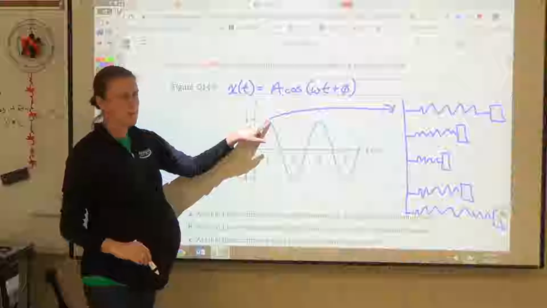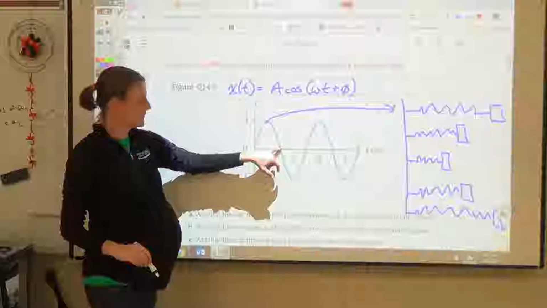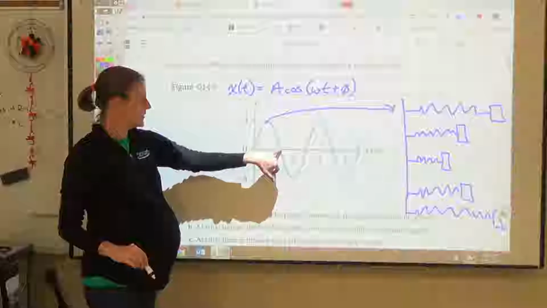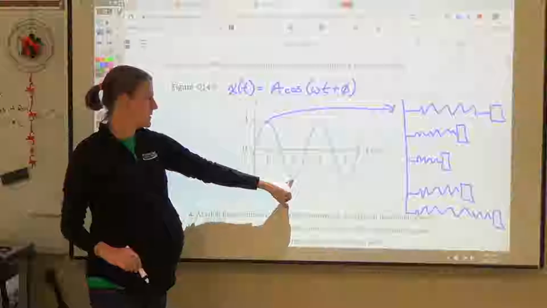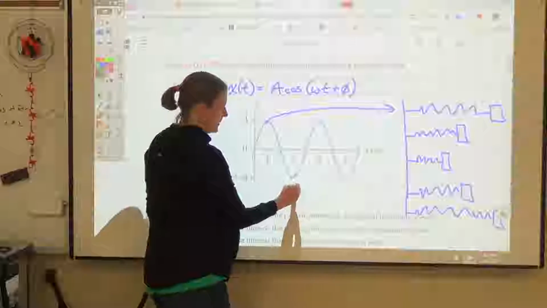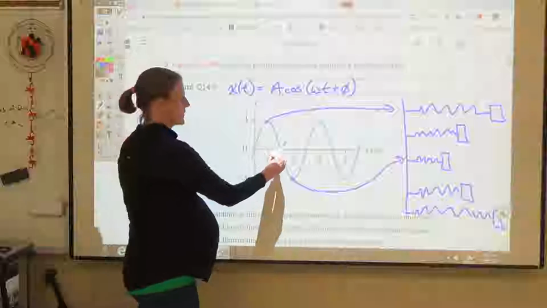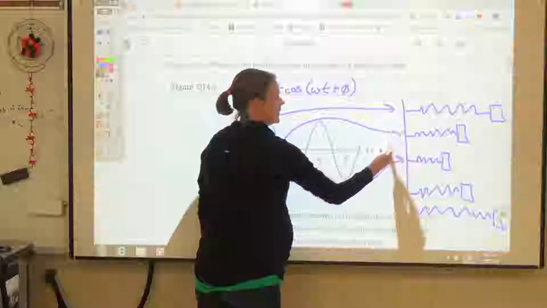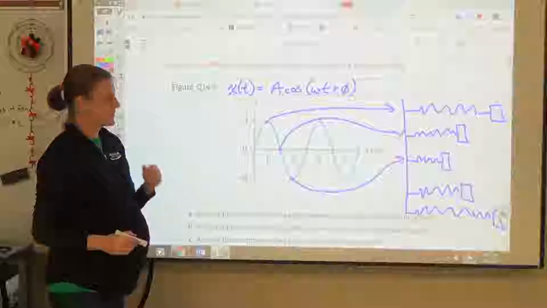Then my position is less and less, but still positive, to 0, the equilibrium position, and then down to my most negative amplitude, which would be right there. And of course, that spot would be at the equilibrium position.